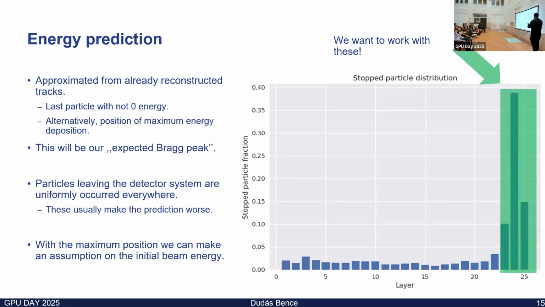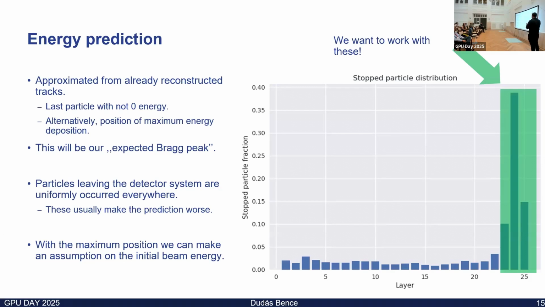So what we do is try to calculate the expected Bragg peak, so where they should actually stop. Or, since we don't know this in evaluation, we can track where most of the particles stop, and we use that layer and the two neighboring layers. This is usually around 70 or 75% of the incoming particles, so it's very good.